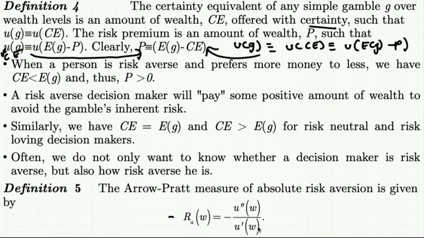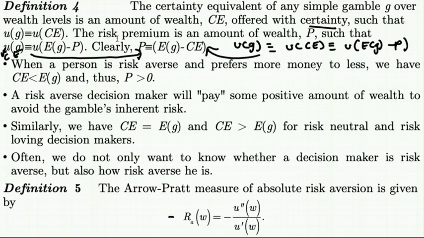To make it more understandable, let's look at a very simple example here. Because we want to understand the concept of certainty equivalent, let's go back to the definition first.